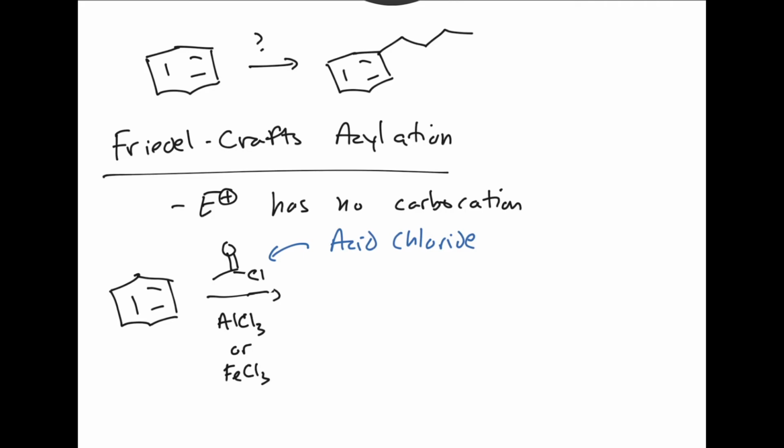And what happens is you just remove the chlorine and you put the benzene ring in its place. No rearrangements, nothing you have to worry about. This is a simple erase the chlorine, put the benzene in its place.